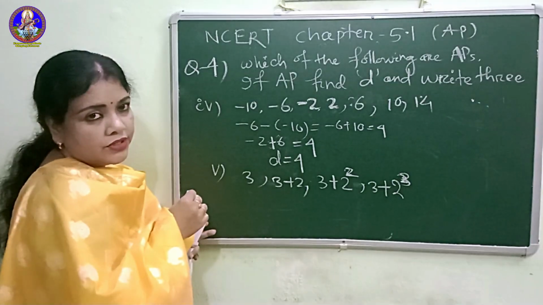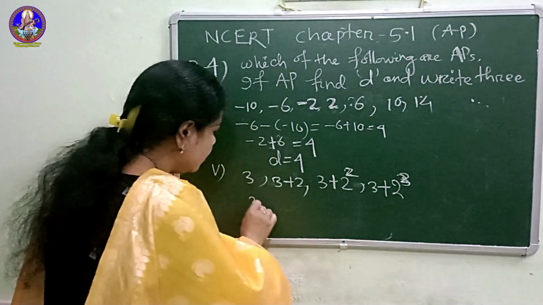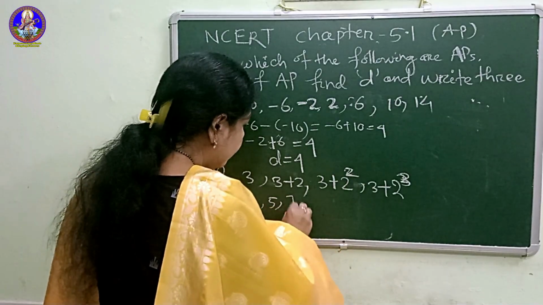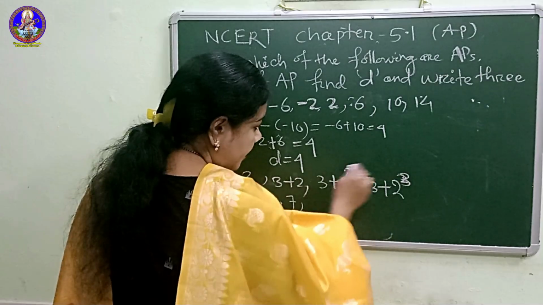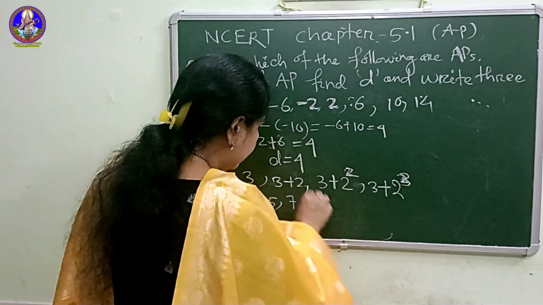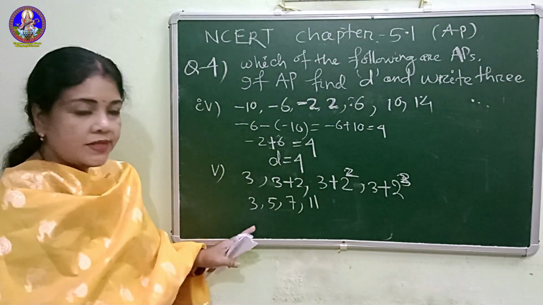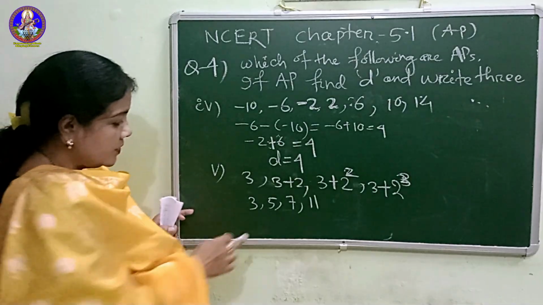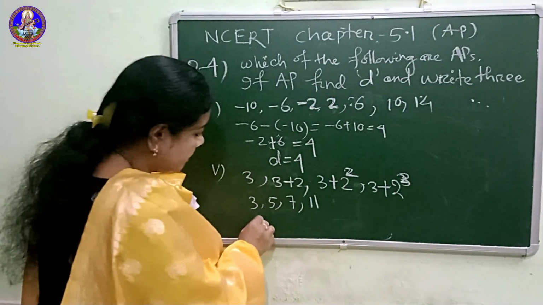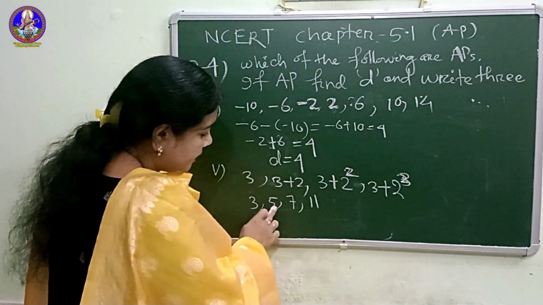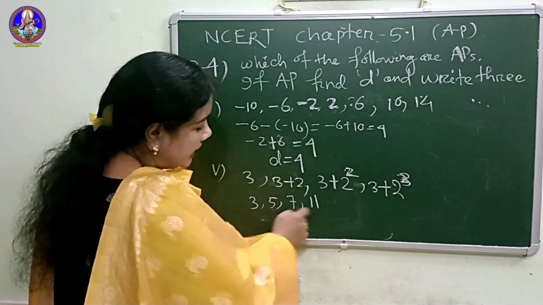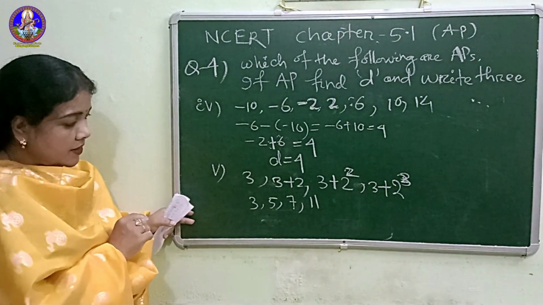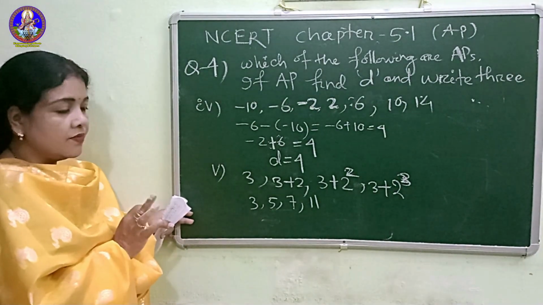Definitely we are not going to get the same difference. So 3, 5, then 7, then 3 plus 8, that is 11. Now you see, the sequence is 3, 5, 7 and 11. Is there any common difference? 5 minus 3 is equal to 2, 7 minus 5 is also 2, and 11 minus 7 is not 2, it is 4.